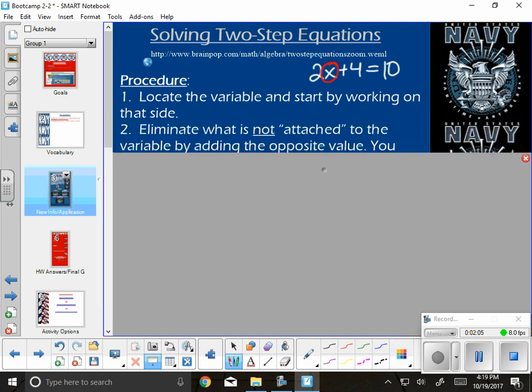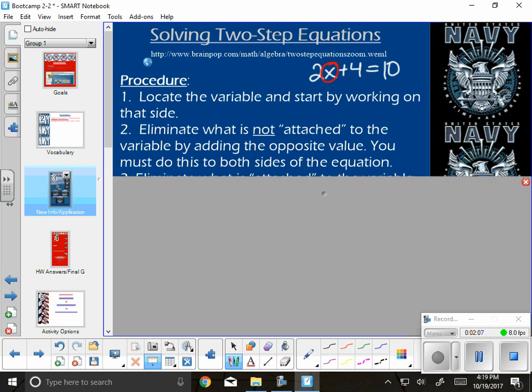Our next step is to eliminate what is not attached to the variable by adding the opposite value. And you must do this to both sides of the equation. The one thing that we do have attached to the x currently is the 2. So with step number 2, what we're going to do is get rid of or eliminate what is not attached.